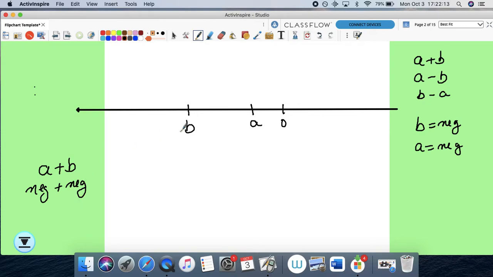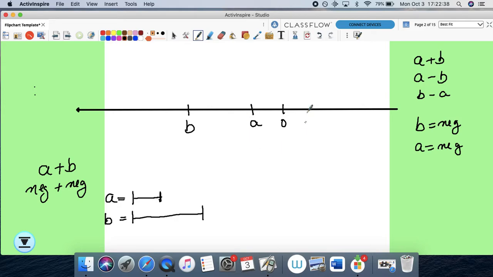Now, if I'm adding two negatives together, think about what I'm doing. So let me put a over here. So a is this distance right here, right? And b is this distance right here. So b is definitely bigger than a, right? Now, they're both negatives, meaning that I am going to move further to the left on the number line.